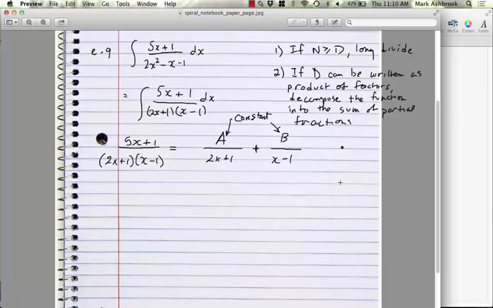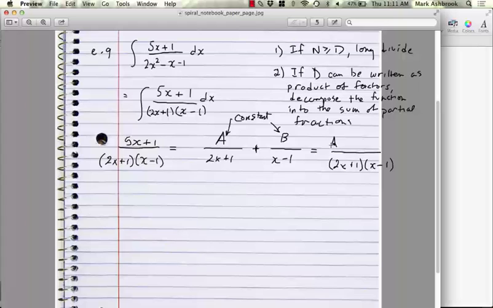So how do we do that? Well, now it's like we're starting here. We're going to add these fractions. So we've got our common denominator. We're decomposing it and then going backwards to figure out what those constants are. We need to multiply the top and bottom by x minus 1, right? To add these fractions.